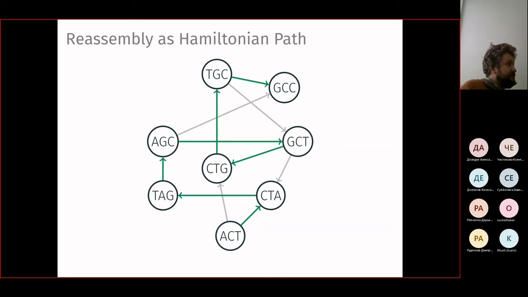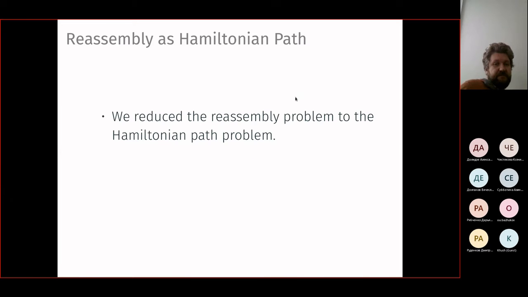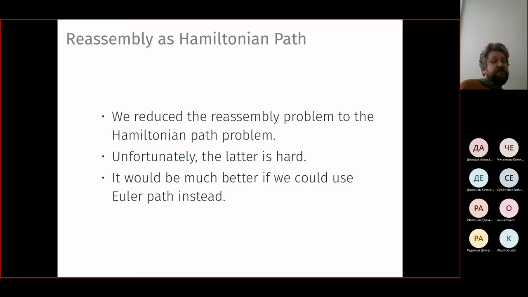And this is the Hamiltonian path: we have ACT, then CTA, TAG, AGC, GCT, then CTG, GGC, GCC. Now we have reduced our reassembly problem to the Hamiltonian path problem. Well, it's great, but the problem is hard, and it would be much better to use an Euler path instead.